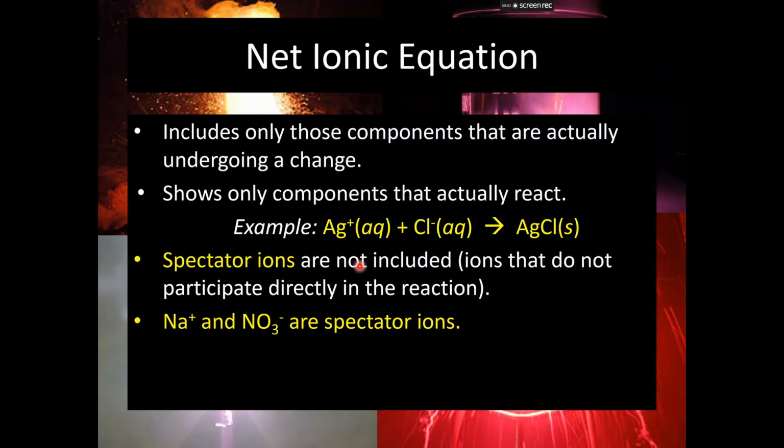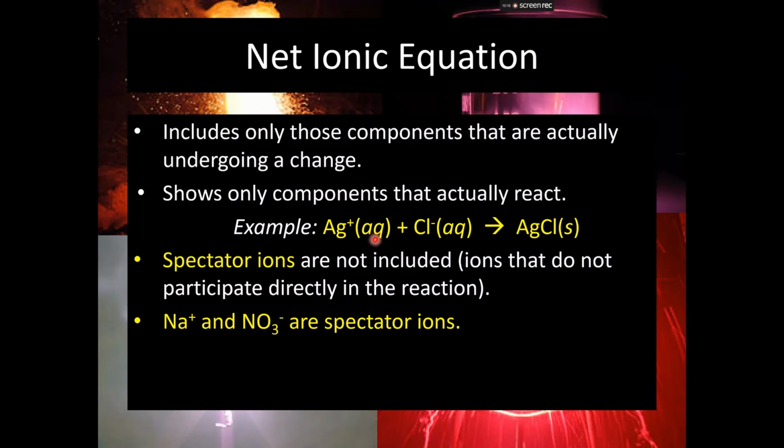We call ions that are identical on both sides spectator ions. Spectator ions are ions that don't actually serve any purpose. They're just there to bring in the ions that are actually reacting. The silver ion, for example, wouldn't be able to be here without the nitrate ion, because we can't just have a bottle of silver ions.